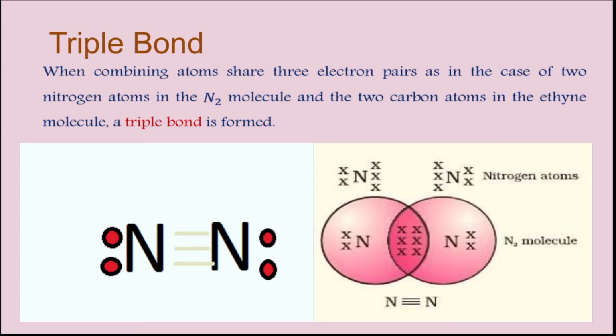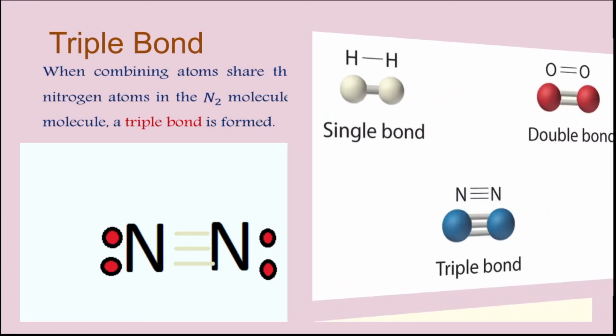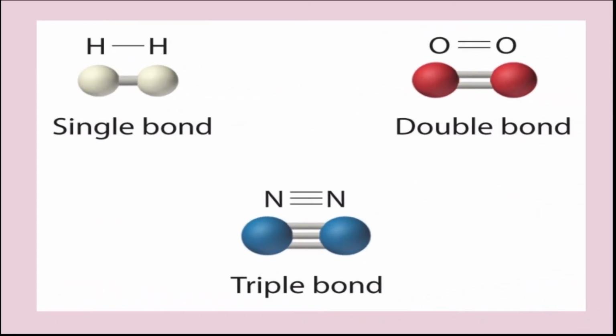Triple bond means when 2 combining atoms share 3 pairs of electrons and form 3 bonds between the atoms. That is called triple covalent bond. Here are some examples. Single bond between 2 hydrogen atoms, double bond between 2 oxygen atoms, and triple bond between 2 nitrogen atoms.